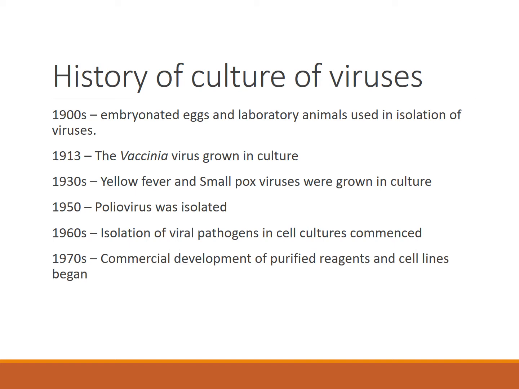In order to appreciate the progress in this field of culture of viruses, we need to look at the history. In the 1900s, embryonated eggs and lab animals were used in the isolation of viruses. In 1913, the vaccinia virus was grown in culture for the first time. In the 1930s, yellow fever and smallpox viruses were grown in culture for the first time. In 1950, polio virus was isolated for the first time.